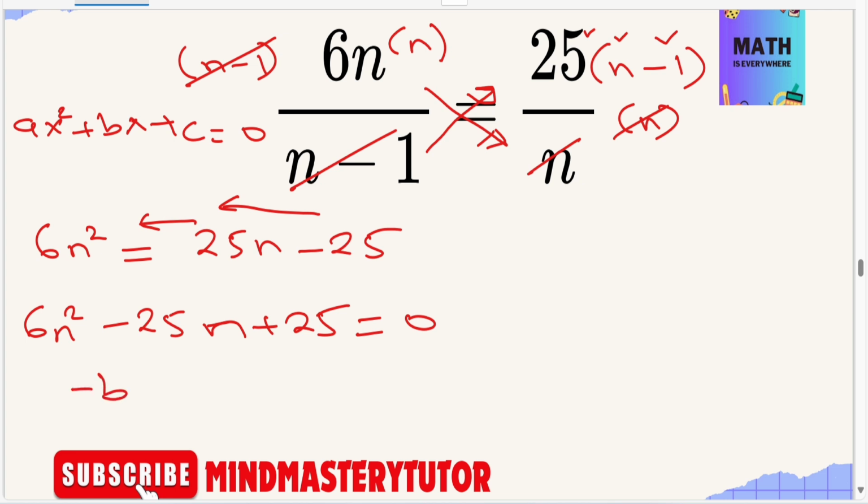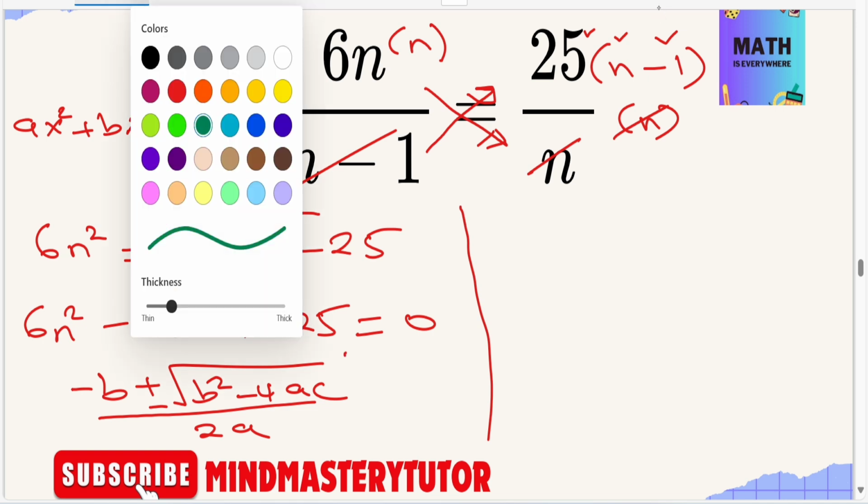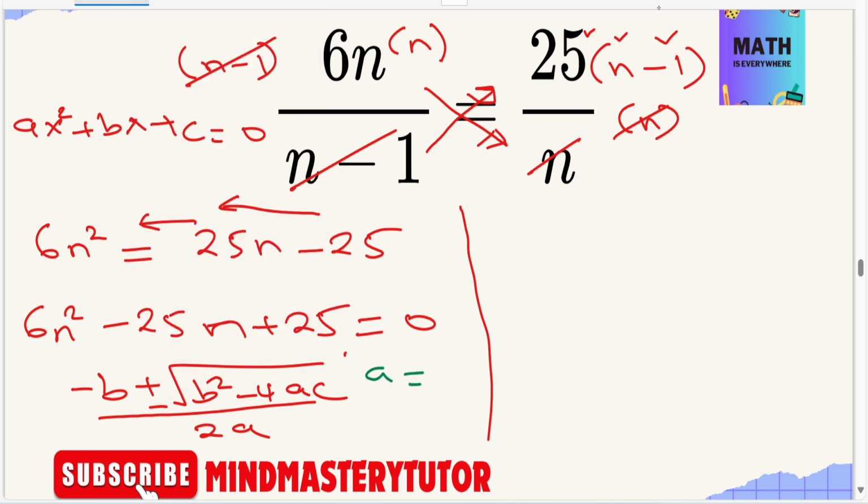Your quadratic formula again, minus b plus or minus the square root of b squared minus 4ac over 2a. So what's your a? Let me use another ink. So a is 6, b is negative 25, and c is positive 25.